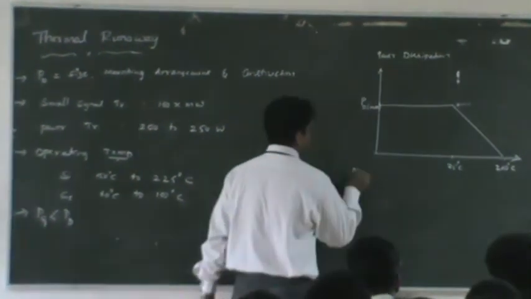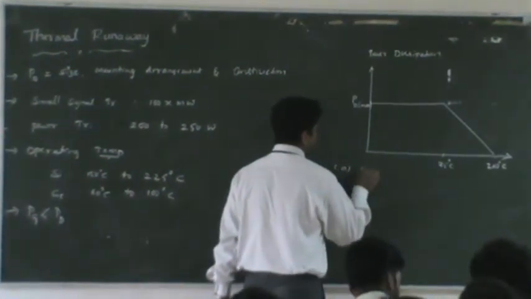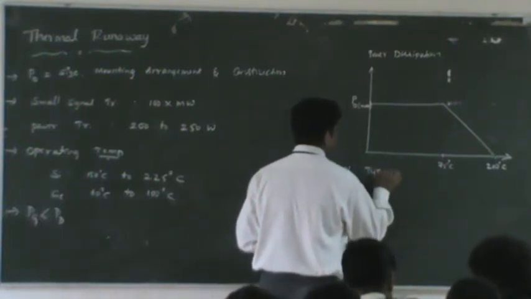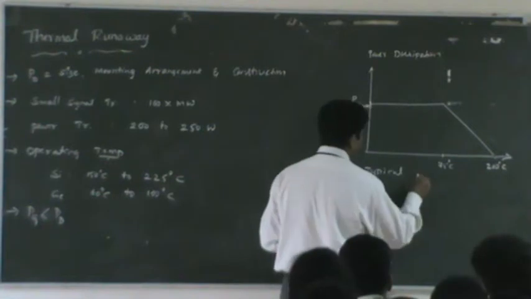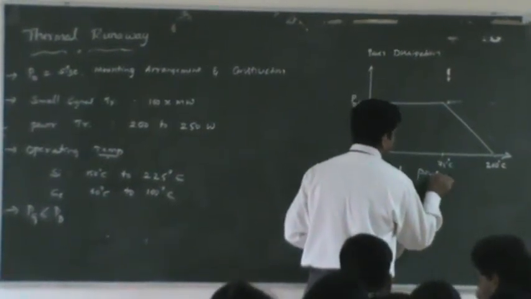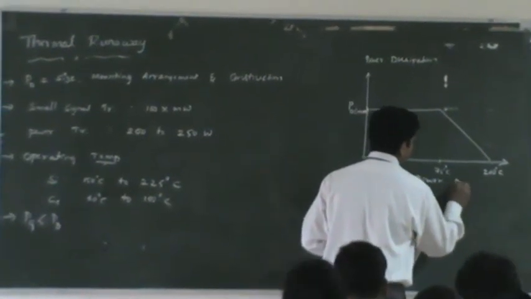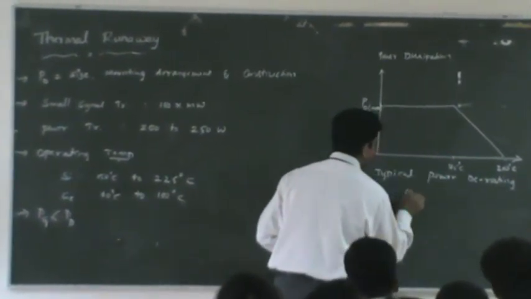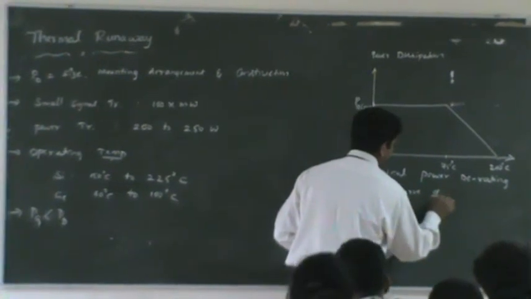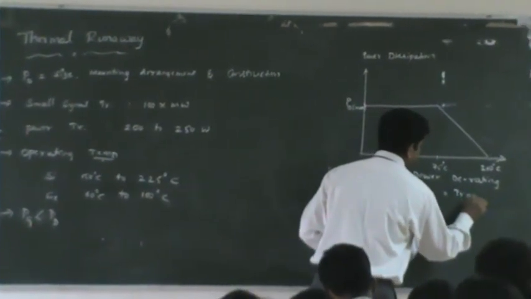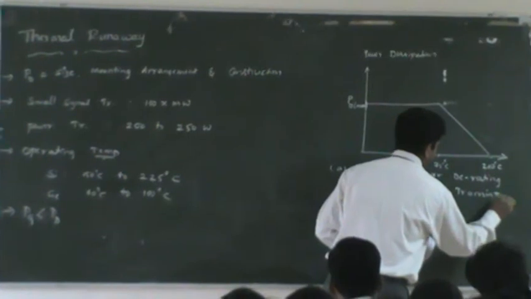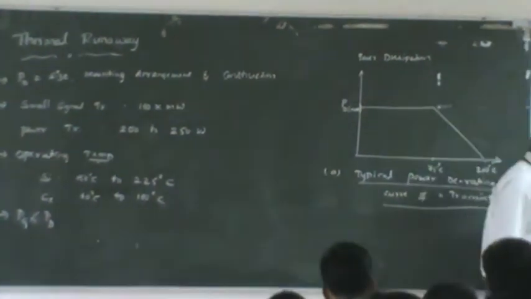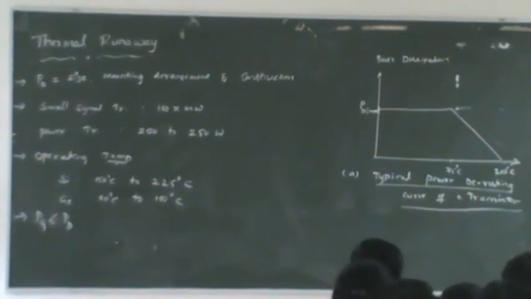Let me label this figure as A. It's nothing but the typical power derating curve of a transistor.